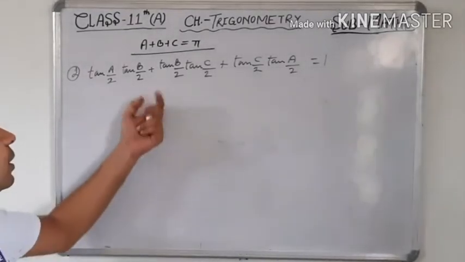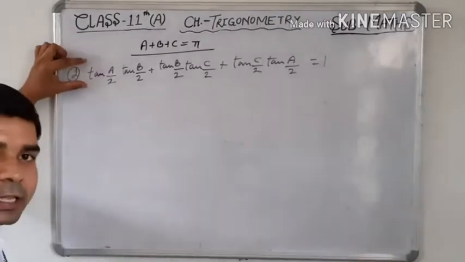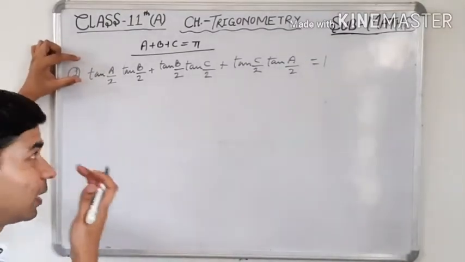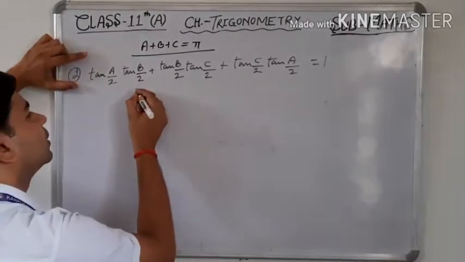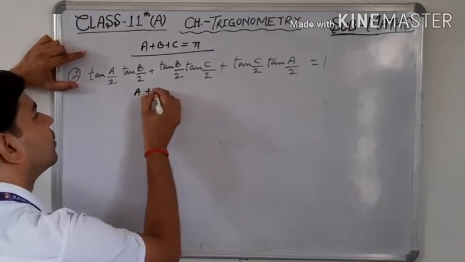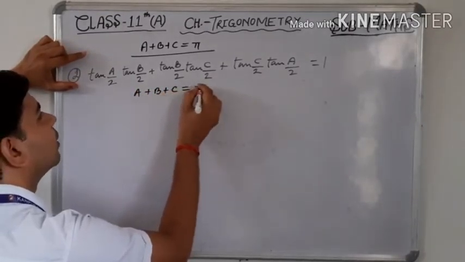This is a question containing the function tan. So we have to start this question from the given condition a plus b plus c equal pi.